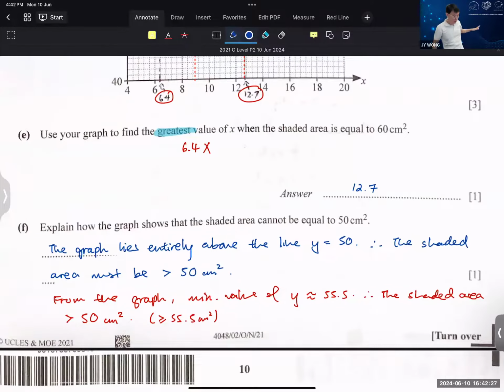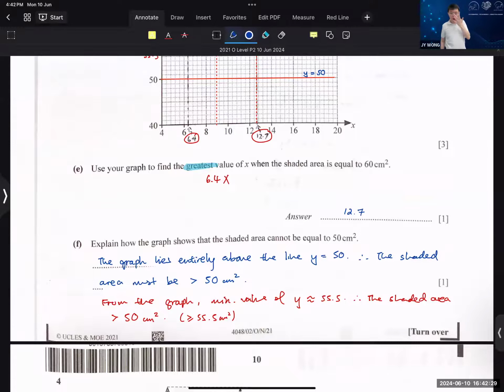Now, some people will do weird things here and tell me, go and complete the square and show what the minimum value of the quadratic is. You will get 0, because they say explain how the graph shows, not go and complete the square. Anyway, this is not even a quadratic equation. How you go and complete the square? Okay.